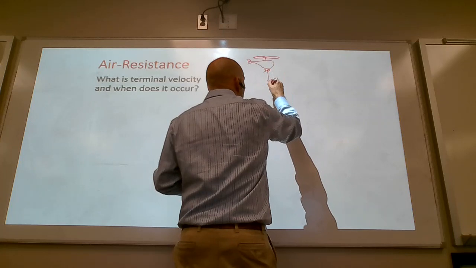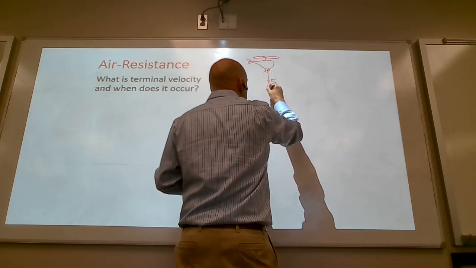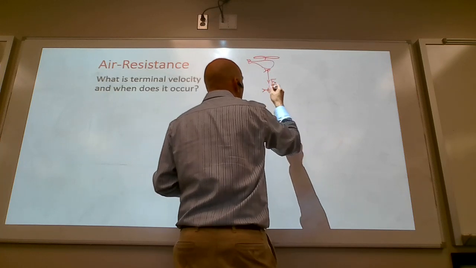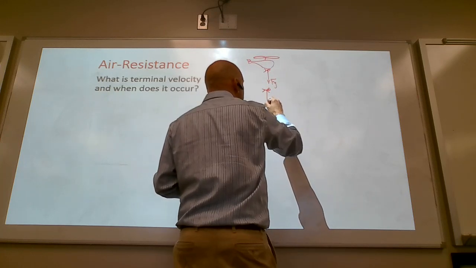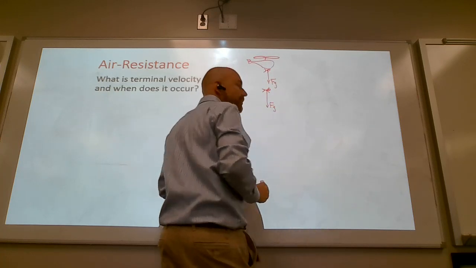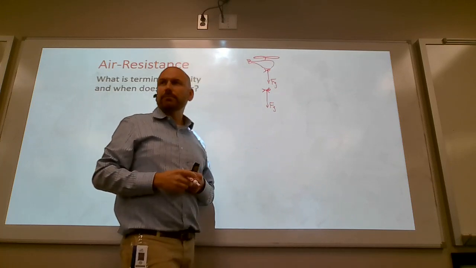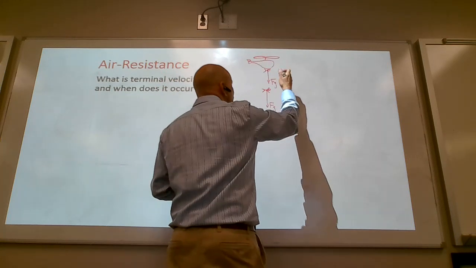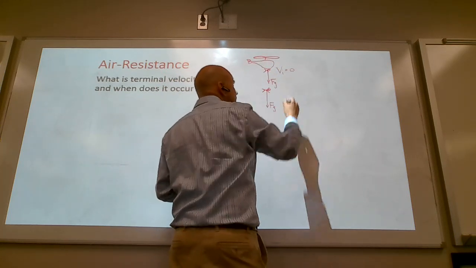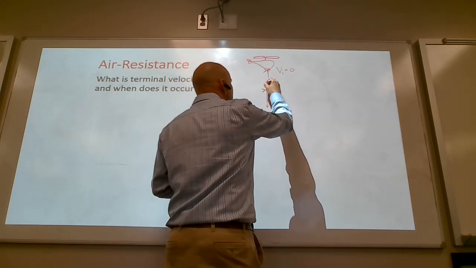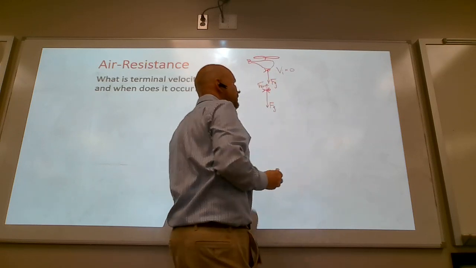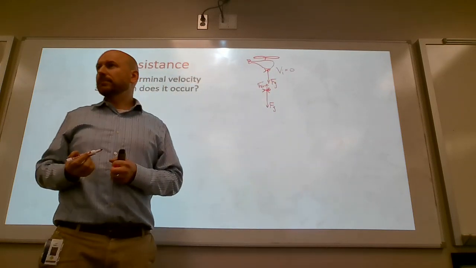As the skydiver falls, what happens to their speed? Increases. Therefore, what happens to air resistance? It increases. So initially we're starting at rest, and as we go faster, air resistance starts becoming a thing.